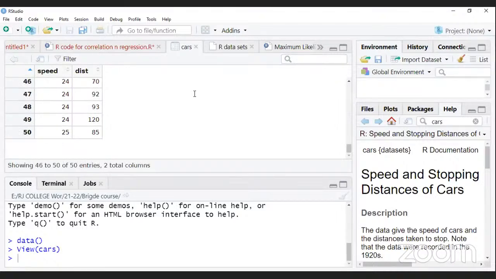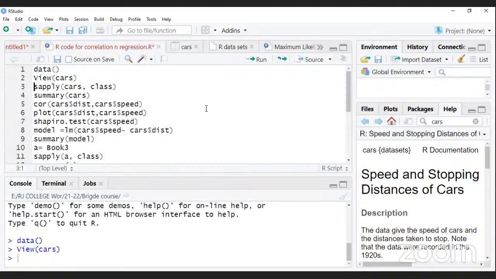Go back to the previous tab. Now suppose you want to understand what type of data this is. You should know the class of the data. I think you have already done the basics in earlier courses.